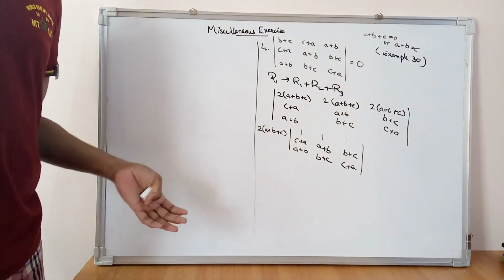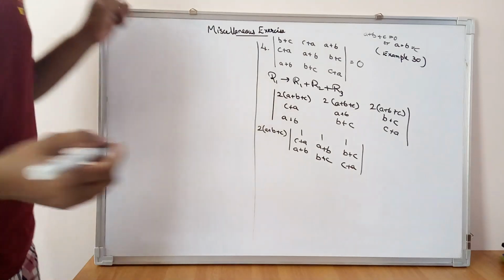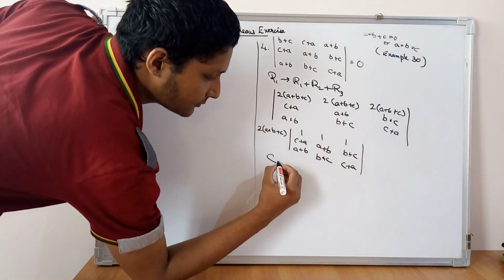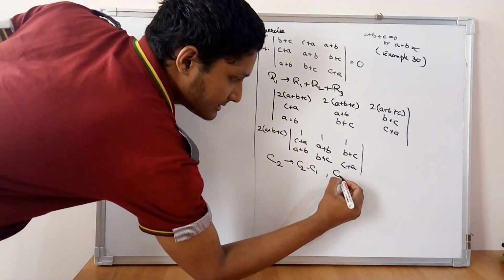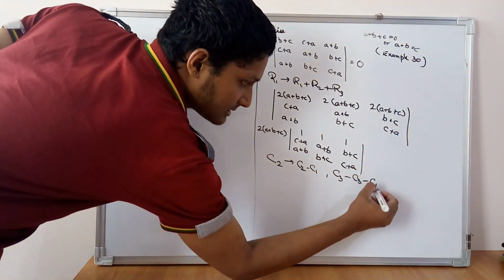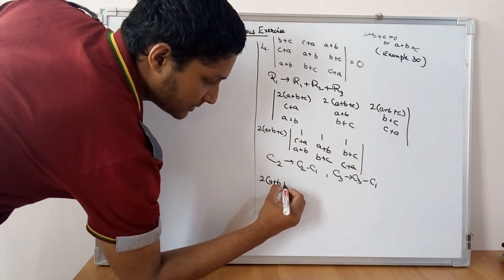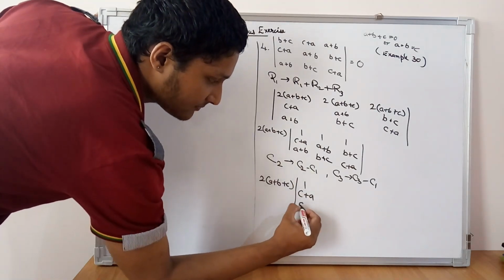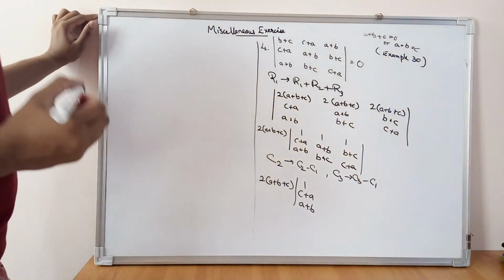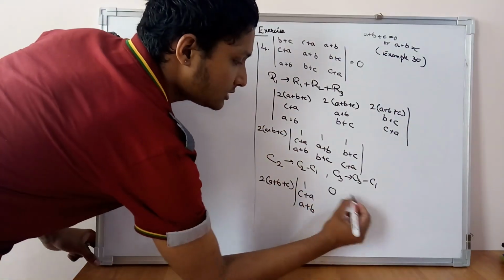Whenever we use the property, the remaining thing is to get 2 zeros. To get 2 zeros, we take C2 becomes C2 minus C1 and C3 becomes C3 minus C1. So this is 2 times A plus B plus C into the determinant, where the first column remains the same. We subtract the first column from the others, so we get 2 zeros.